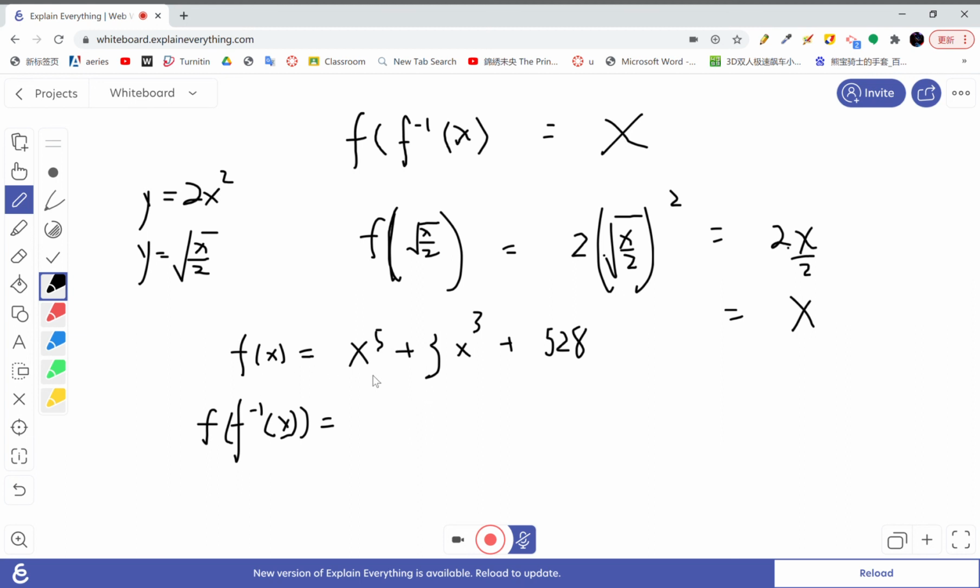So let's say x is equal to 2, then this becomes 32 plus 24, 56, plus 528, which is going to be 584. This is going to be the value of f of x. Then by using this trick, we know that this is always going to be equal to 2.